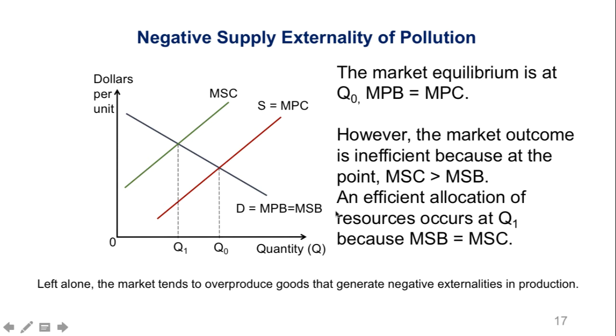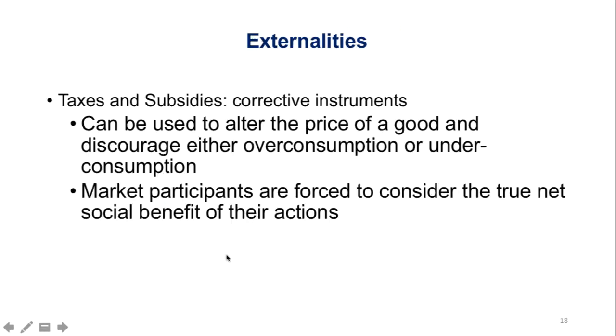An efficient allocation of resources happens at Q1, where the marginal social cost is equal to the marginal social benefit. And so you will see how we can push the producers to produce at Q1, not at Q0, by imposing taxes. The externalities could be positive or negative, so the government can impose taxes and subsidies to correct the market.